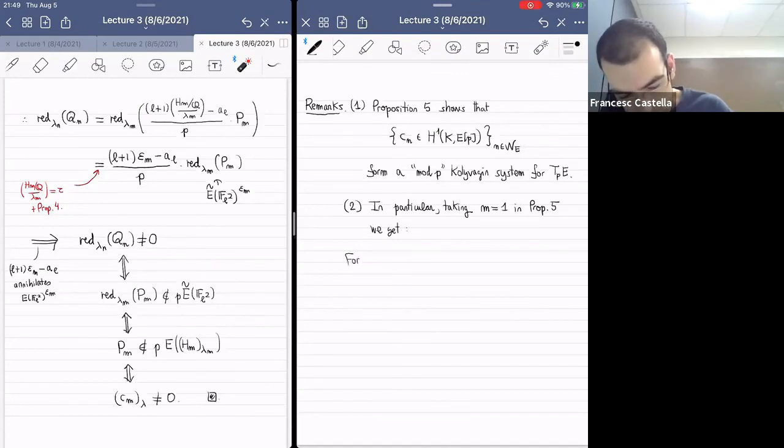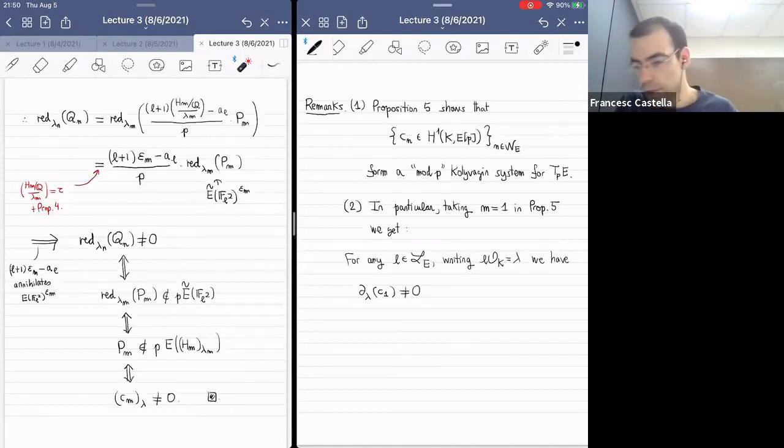We get that for any L in L sub P, writing LOK equal to lambda as usual, we have that the partial lambda of c_L is non-zero if and only if c_1 lambda is non-zero. Okay, that's what the proposition specializes to in this case.